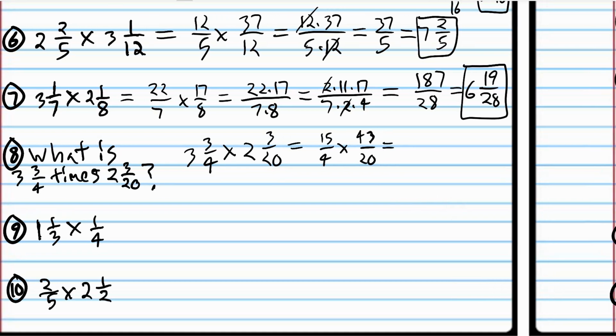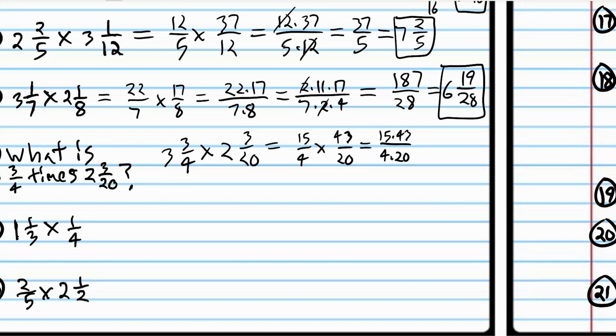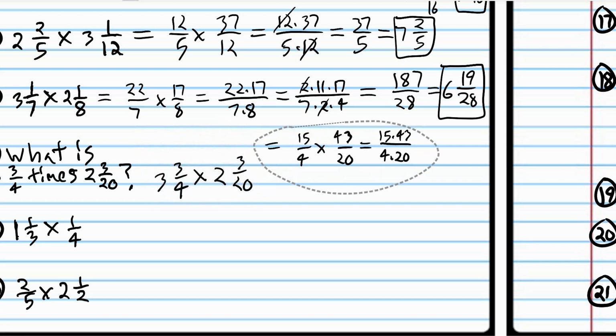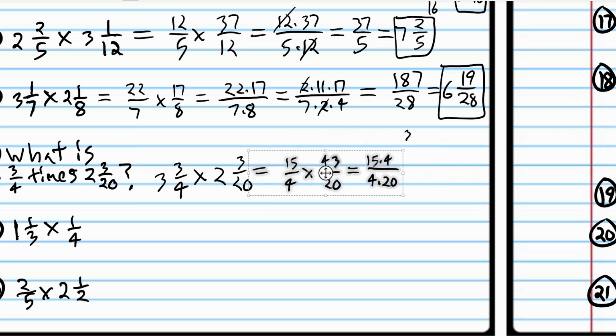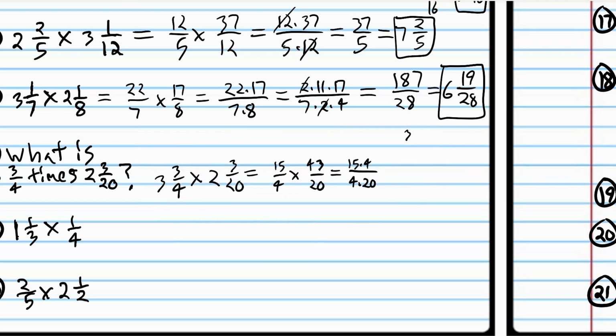All right, multiply straight across. All right, so we don't really see anything so far. No common factors there. Whoops, I lost a 3.